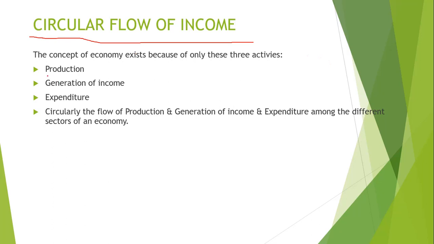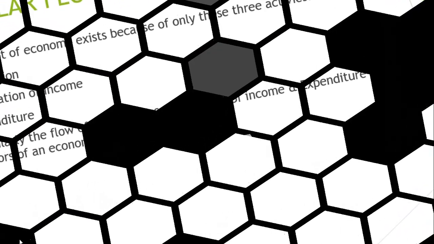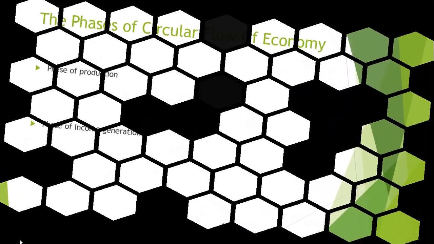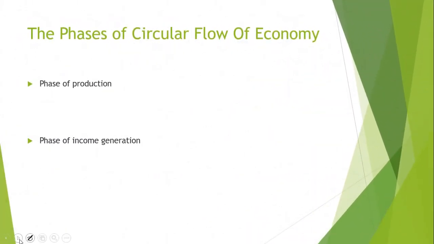These are the main things of an economy: production of goods, generation of income, and then expenditure, then the circular flow of production of goods and generation of income among the different sectors. Now we will slowly explain the phases of the circular flow of economy.